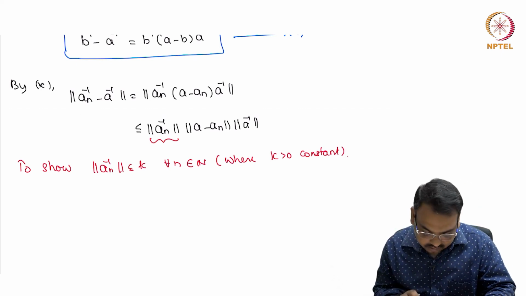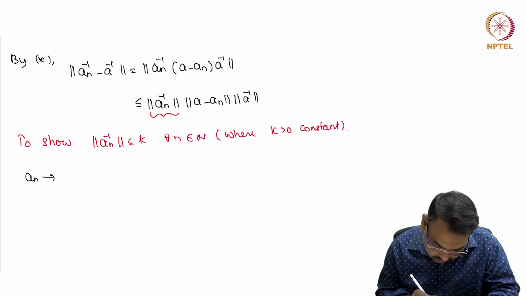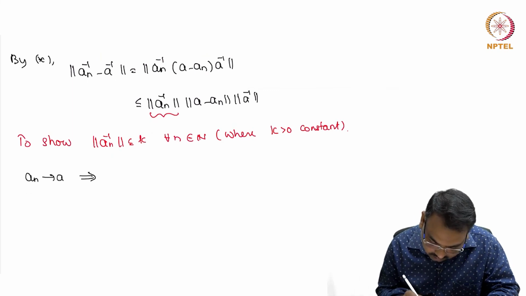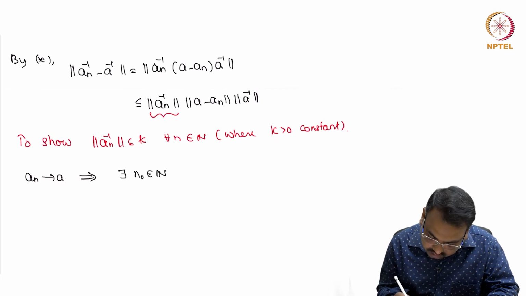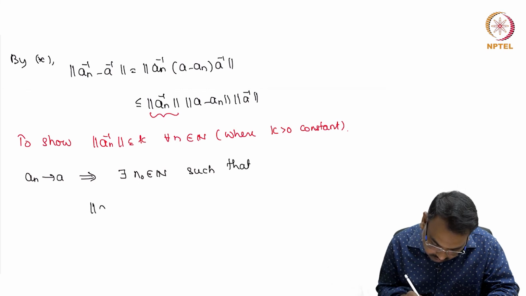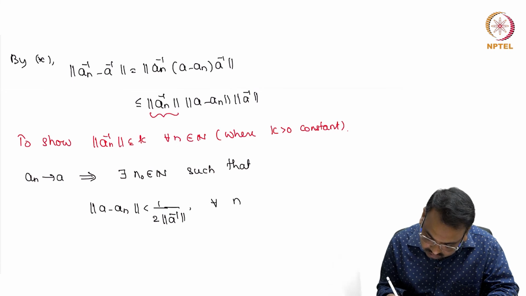So let us see. Now A_n converges to A implies there exists a natural number n0 such that norm of A minus A_n is less than 1 by 2 times norm A inverse for all n bigger than or equal to n0.